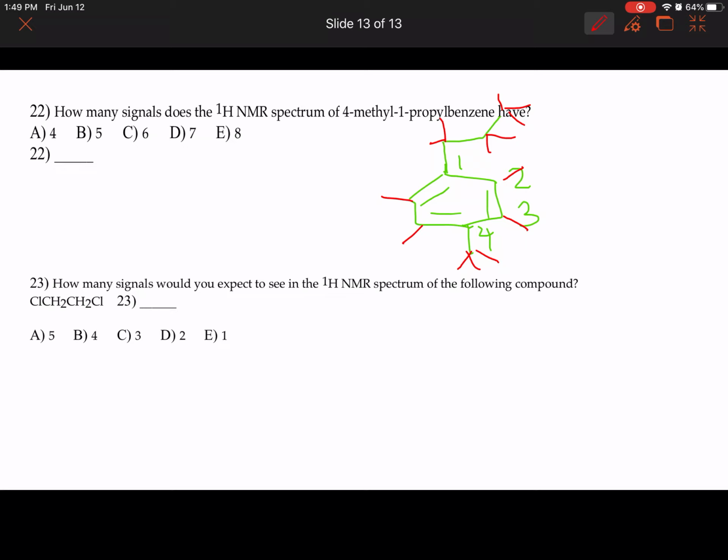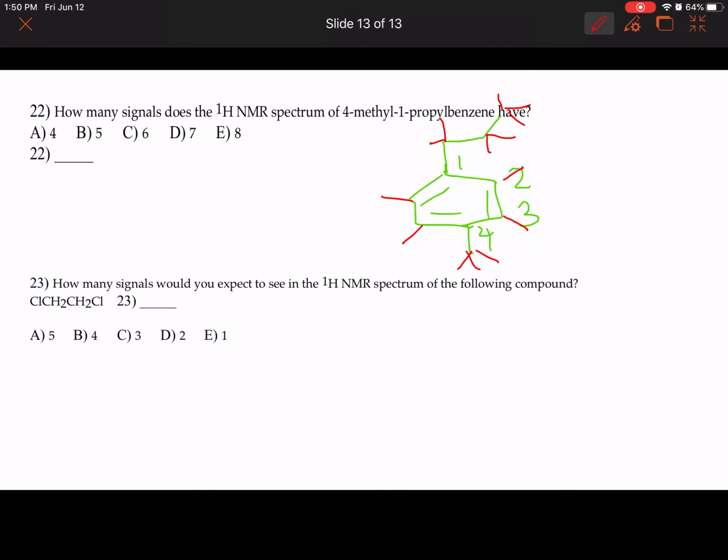So how many total signals are we going to have? 1, 2, 3, 4, 5, 6. Right? 1, 2, 3, 4, 5, 6. So 6 signals. 22. C is the correct answer. Okay, 1 and 4 don't have any hydrogen on them.